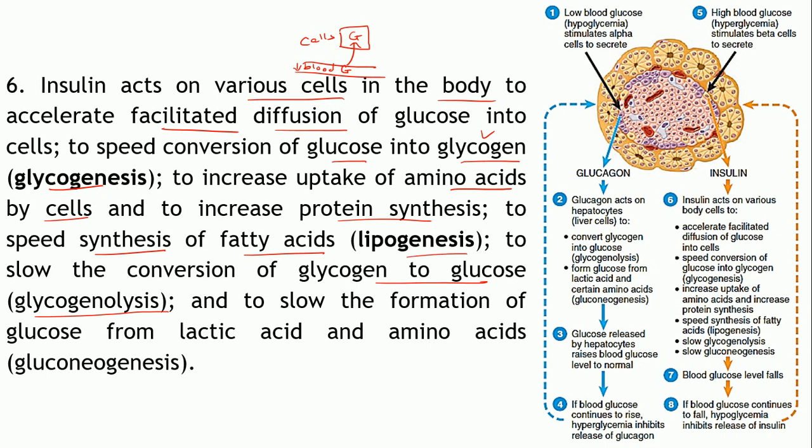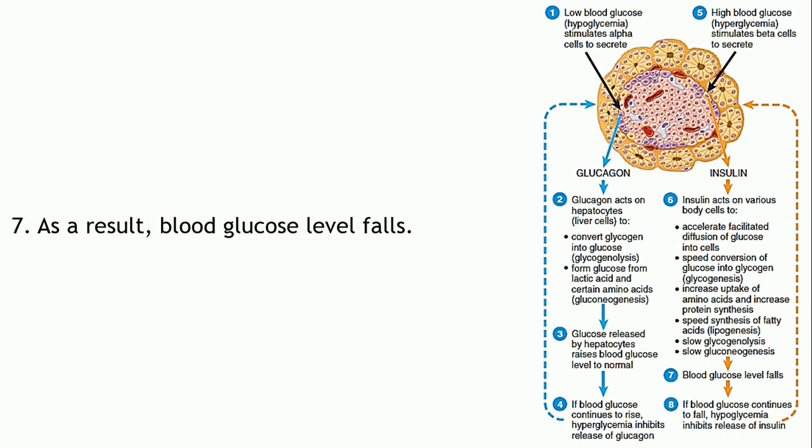Lipogenesis is also promoted. Another process, gluconeogenesis, that is the synthesis of glucose from other substances like lactic acid and amino acids, is also slowed down. So by all these actions it helps in reducing the blood glucose level. So the blood glucose level will fall.